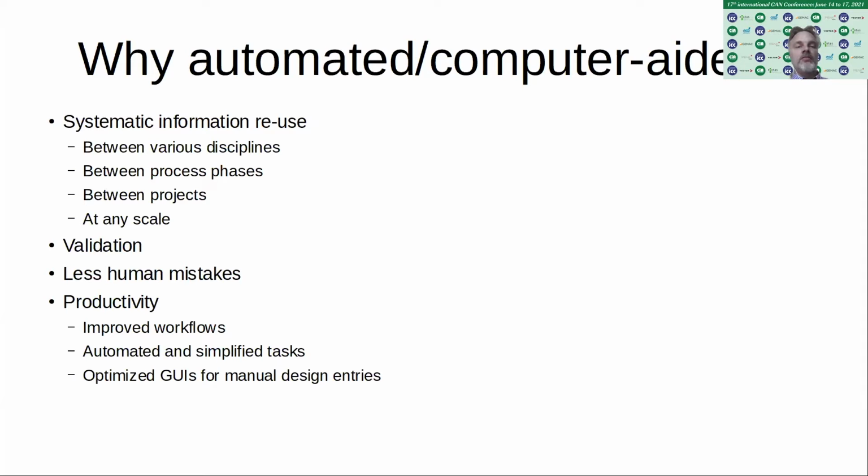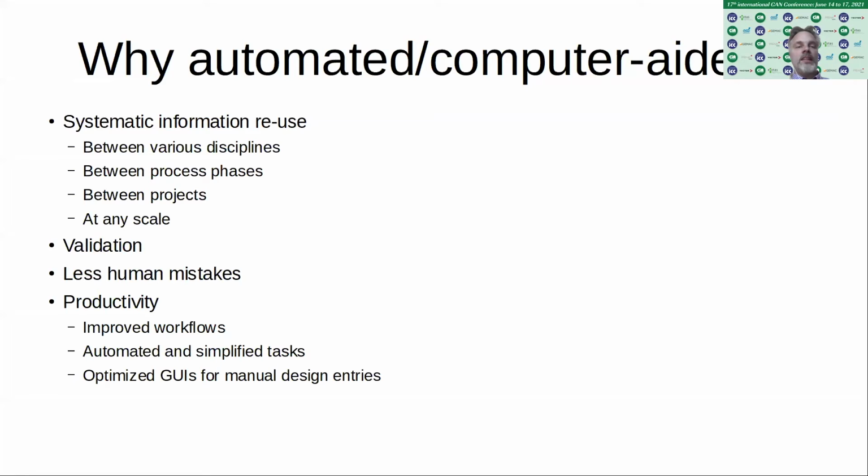Of course, different but still similar kinds of projects need to share information. And reuse is not a 0 or 1 question. It can be utilized at any scale which makes sense.